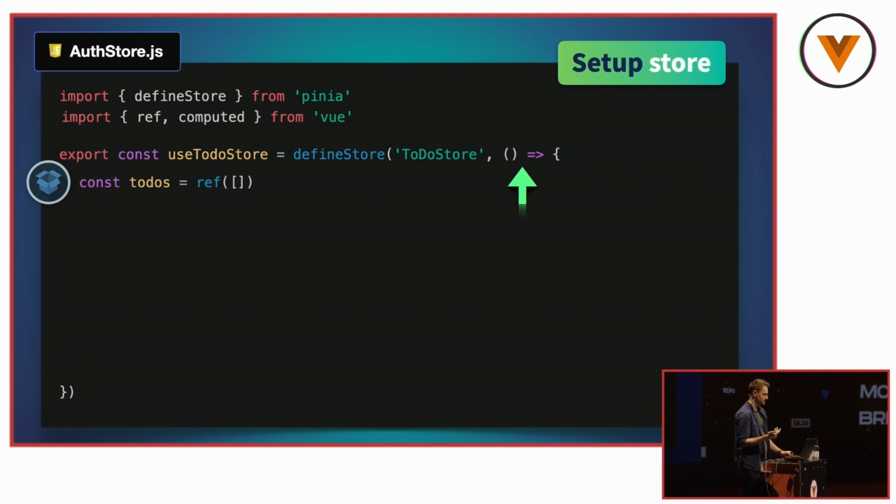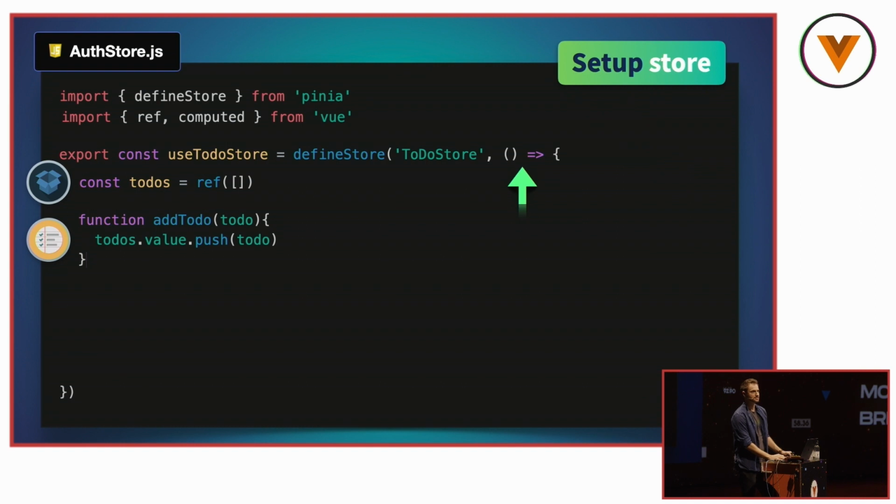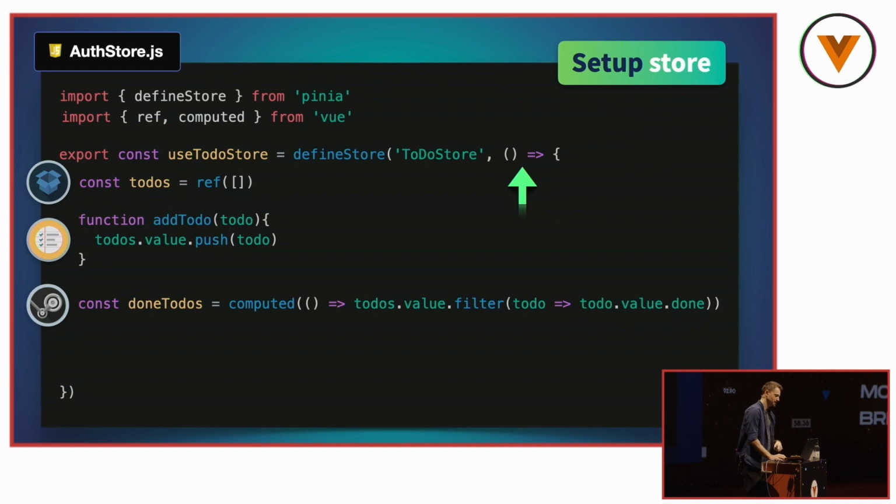We could also create this with reactive. And then the action itself is just going to be a function. And then the getter we could achieve with a computed property, which comes with the added benefit that then the values would be cached unless they are recomputed.